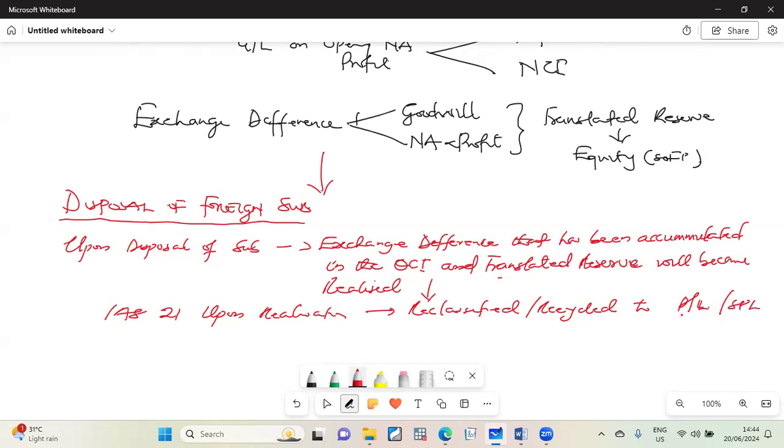So if it is balance sheet, then it will be recycled to the retained earnings. So ladies and gentlemen, these are the principles that you need to know about foreign consolidation.